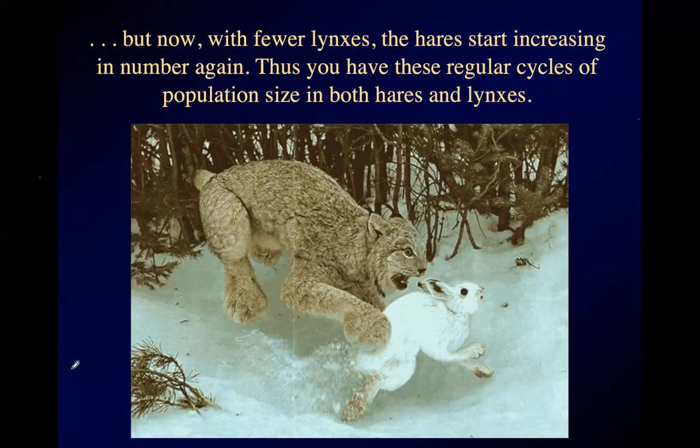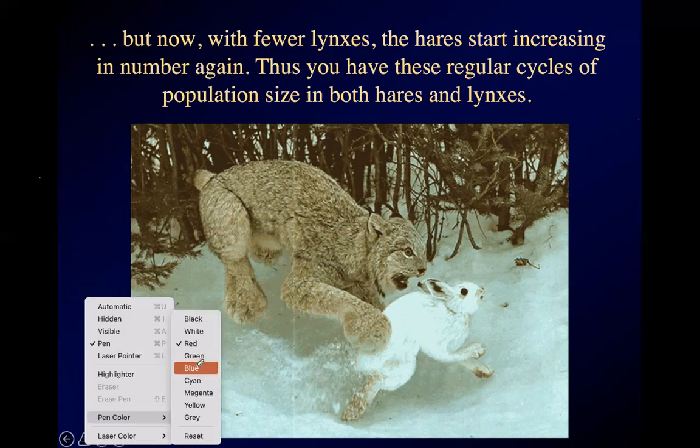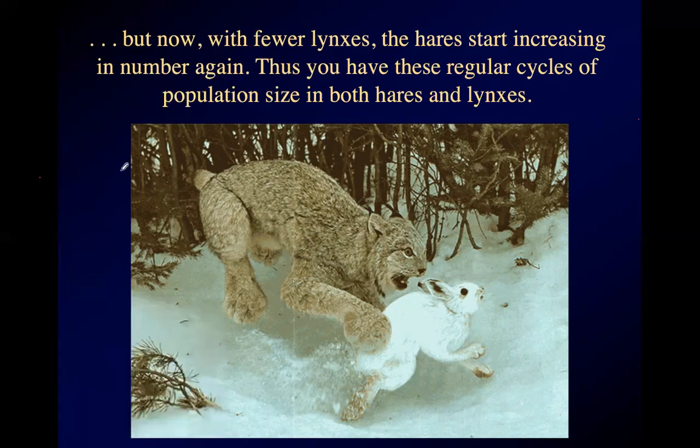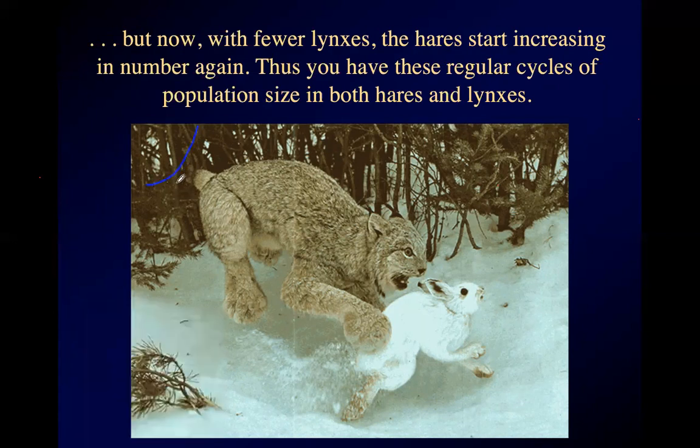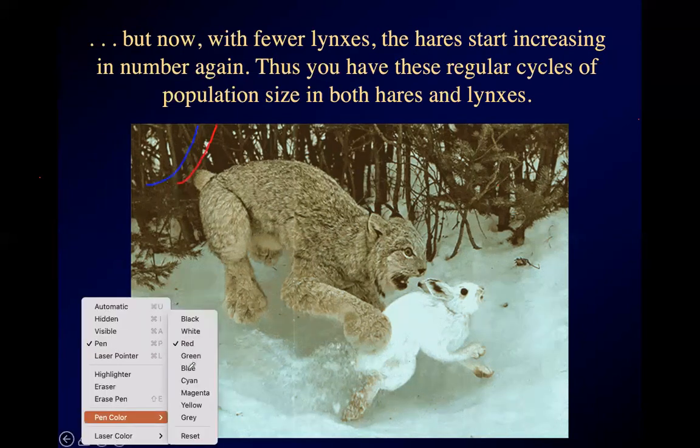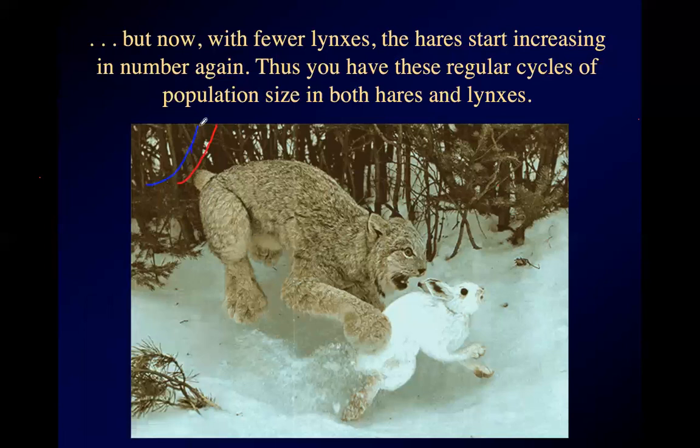Right? So if we graph these, we start with the hare population going up, right? Like that. But when the hare population is high, there's lots of food for the lynxes, so the lynx population goes up. But once the lynx population is high, the hare population starts dropping because there's so many predators that the hares can't survive.